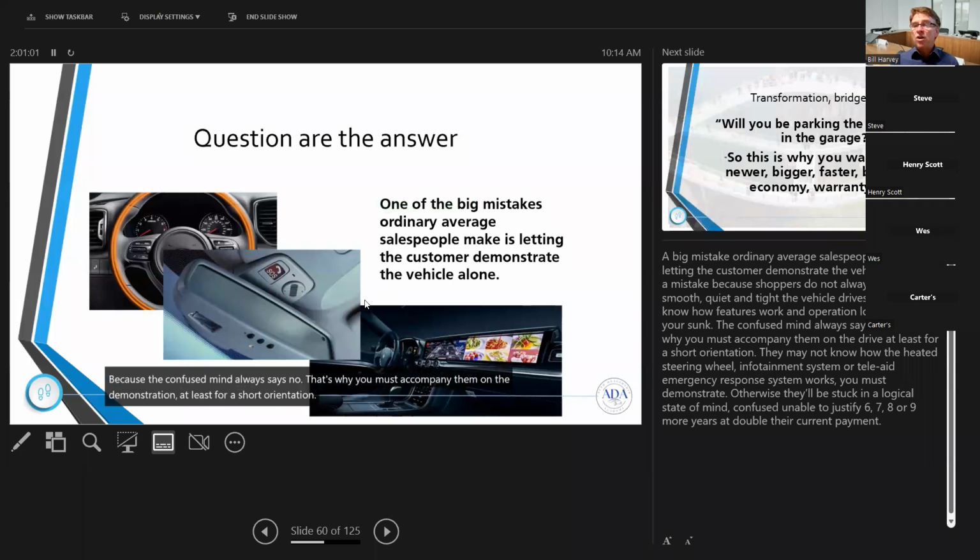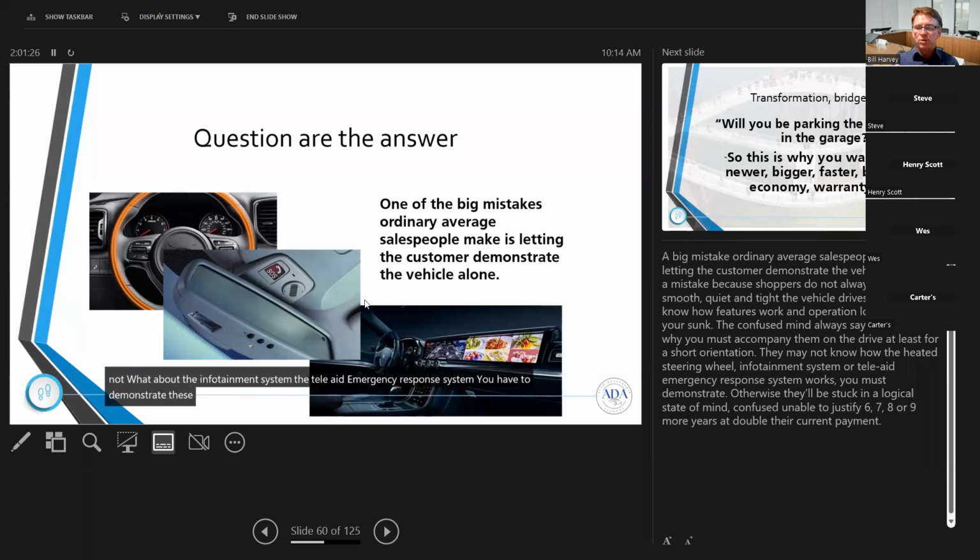They may not know how your heated steering wheel is activated and could be really interested in that. If you live in the Northern Hemisphere, the Northern 48 states, or Canada, now is the time of the year you want to know, does the vehicle have a heated steering wheel on it or not? What about the infotainment system, the Tele8 emergency response system? You have to demonstrate these things.